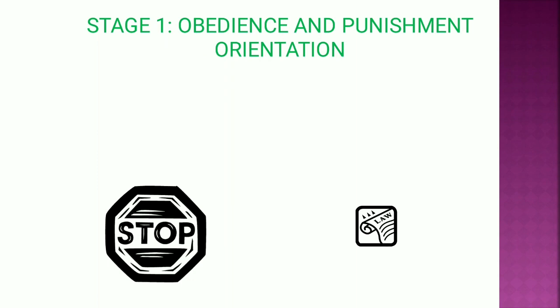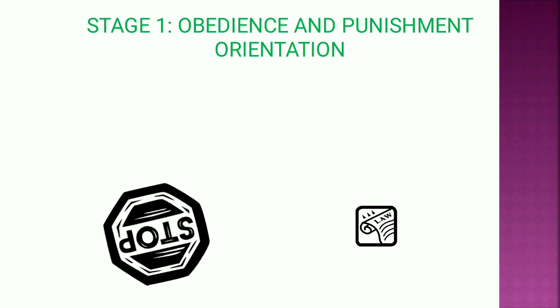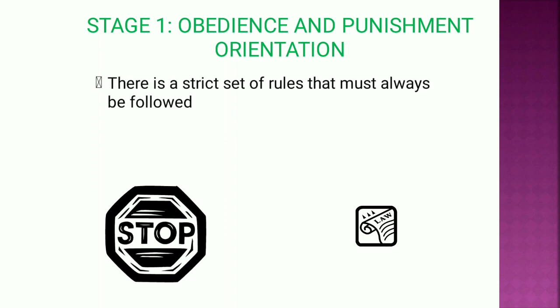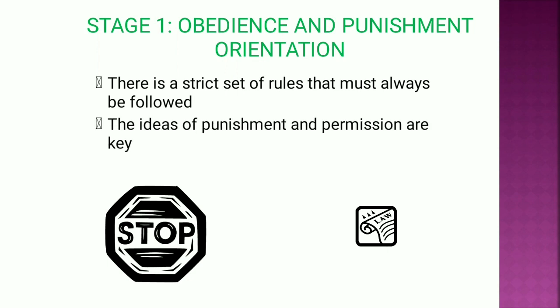So stage 1 is obedience and punishment orientation. This deals with the strict set of rules that must always be followed, and the punishments and permissions given as per the behavior of the individual.